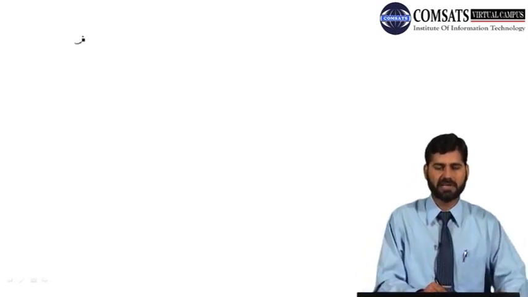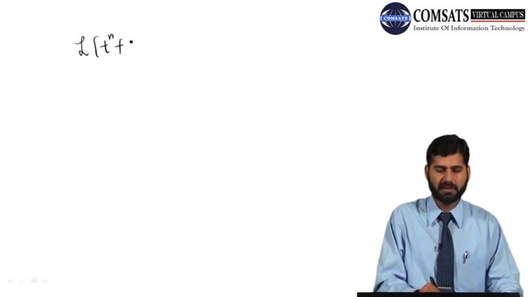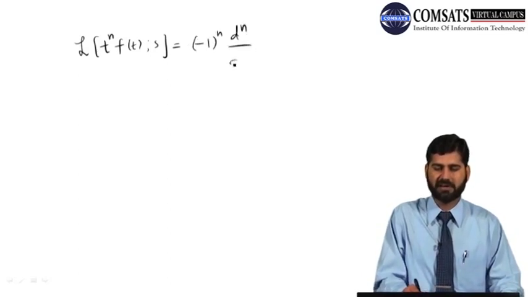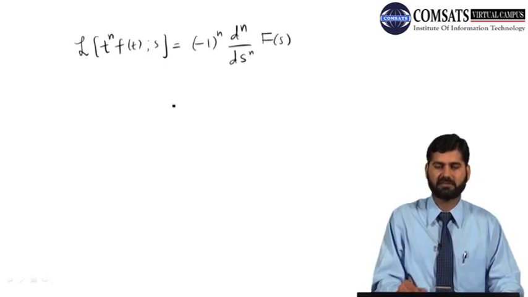So first was multiplication by the power of t. The Laplace transform of t^n f(t) is (-1)^n times the nth derivative of capital F(s).